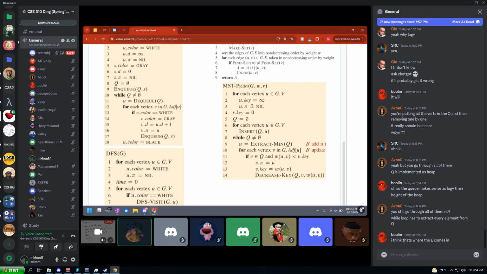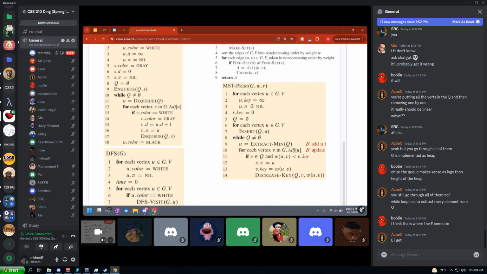So this is for Prim. So if it's in the adjacent, right? Oh yeah, because you have to go through every single V in the adjacent list. That would make sense. Mainly, you get all the E's from the fact that you have to go into the adjacency list, which is E, right?